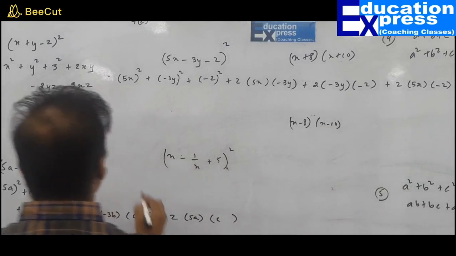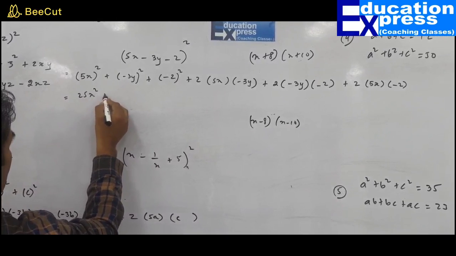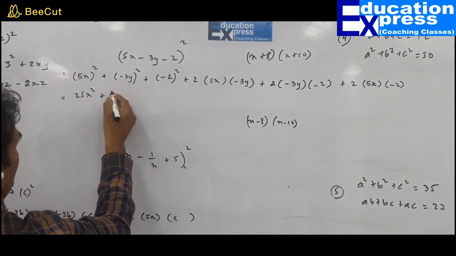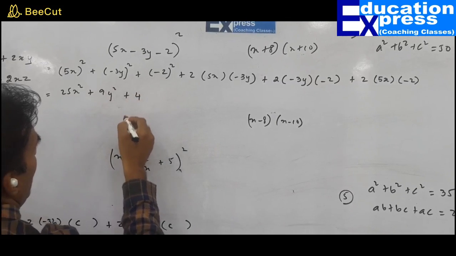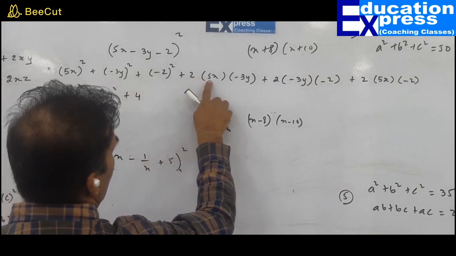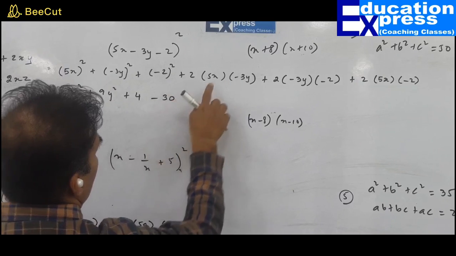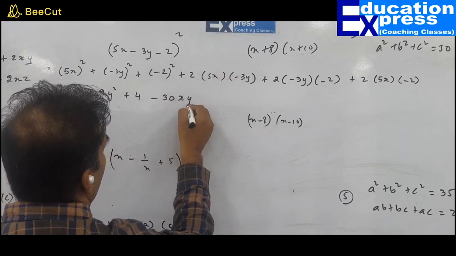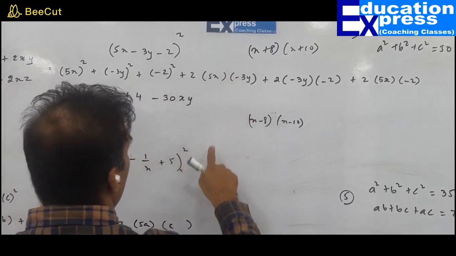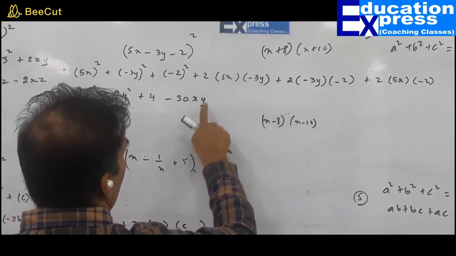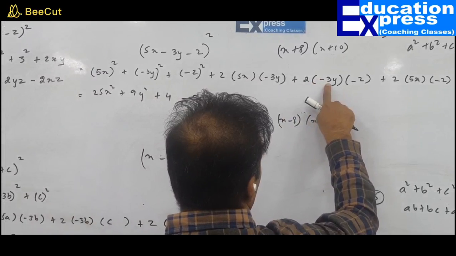How to go about now? 5, so 25x square plus minus 3 square will be 9y square plus 4. 2 into 5, 10. 10 into minus 3, minus 30. X into y, xy. Remember, while multiplication, number will get multiplied by number and a variable will get multiplied by a variable. 2 into minus 3, minus 6.